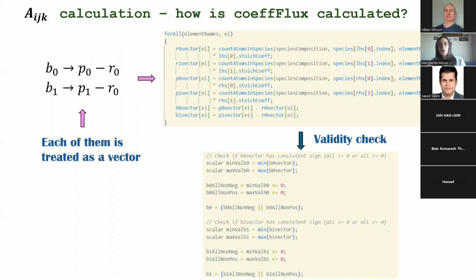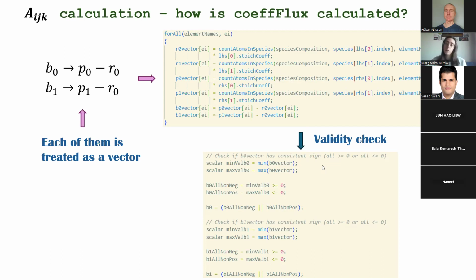We need, first of all, as we see from the code, to calculate the minimum and the maximum of the vector B0. If the minimum of this vector is greater or equal to 0, it means that B0 has all non-negative components.